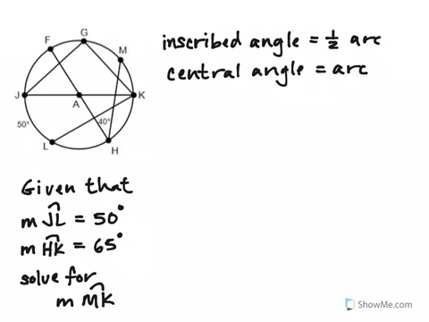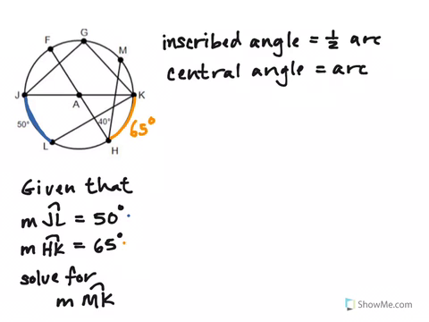First, we know that the measure of the arc JL is 50, and that's labeled here, from here to here. Then it says the measure of the arc HK is 65. That is from here to here, so we can label that as 65 degrees.